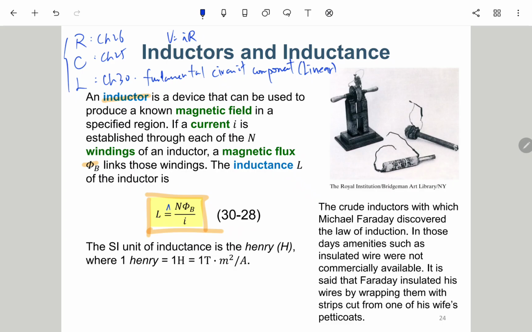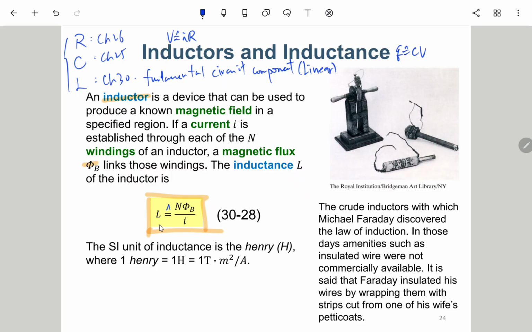I would consider it like the definition of the resistance. And for the capacitor, Q equals CV is also the definition for the capacitance itself. And this one is somehow like the definition of the inductance.